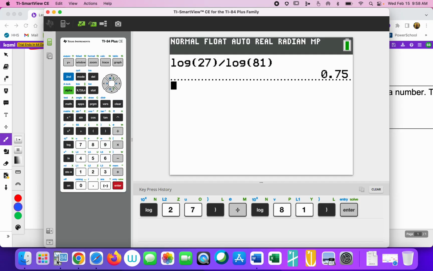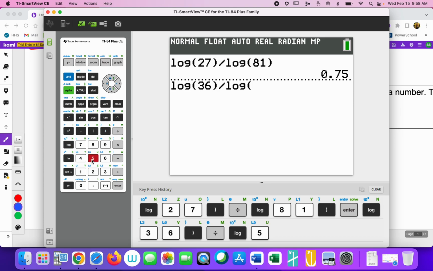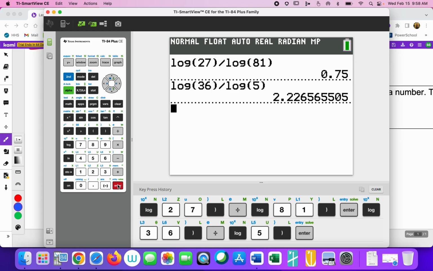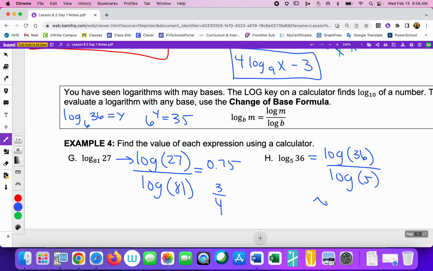Okay. So log of 36 divided by log of 5. Let's go nearest hundredth. 2.23 approximately. And this would be because I cannot make a 5 some power to equal 36. At least not a nice one.